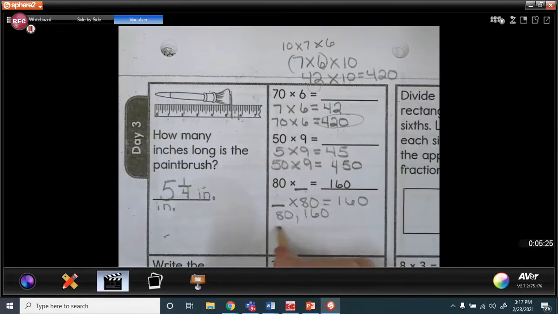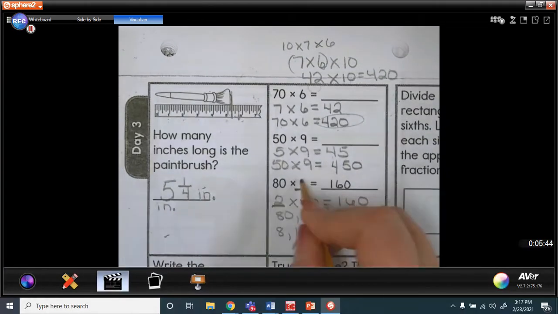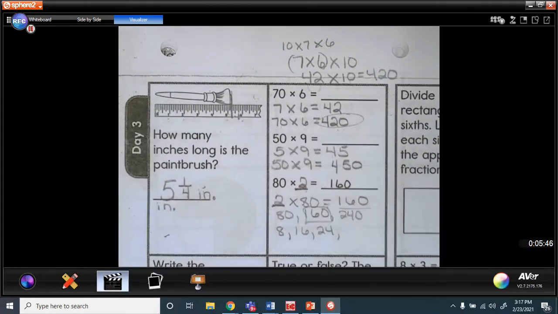So let's think about counting by multiples of 8. 8, 16, 24. So we could do the same thing here with our multiples of 80. We could say 80, 160, 240. So it takes two groups of 80 to make 160. So our missing factor here is going to be 2.